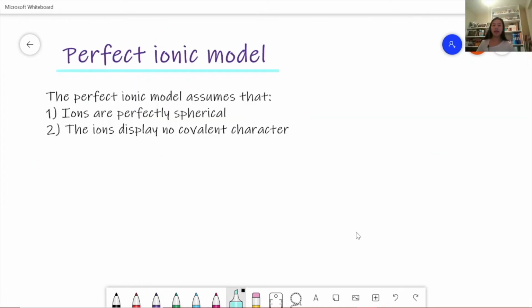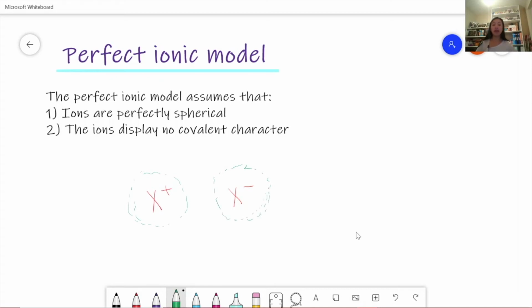Now I'm going to introduce this idea of a perfect ionic model. And what this model assumes is that, first of all, ions are perfectly spherical, and second of all, the ions display no covalent character. So what it's saying is that if I have two ions, such as X plus and X minus, then the distribution of electrons is perfectly spherical around the ions, like this.